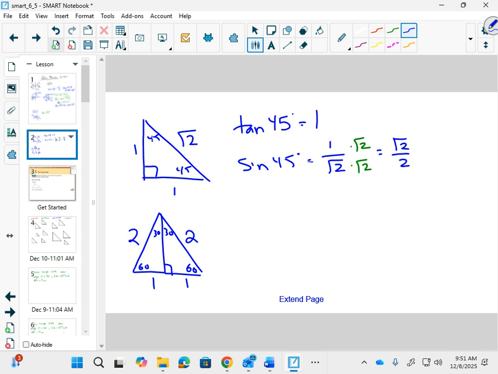You could pick 1 and then you'd have 0.5 and 0.5, but a squared plus b squared is harder with decimals. And if I did a squared plus b squared equals c squared, I would get the square root of 3 there. Then I can do sine of 30 degrees. I look at 30. Opposite side would be 1. Hypotenuse, 2. And I could get all of my answers for each of these from there.